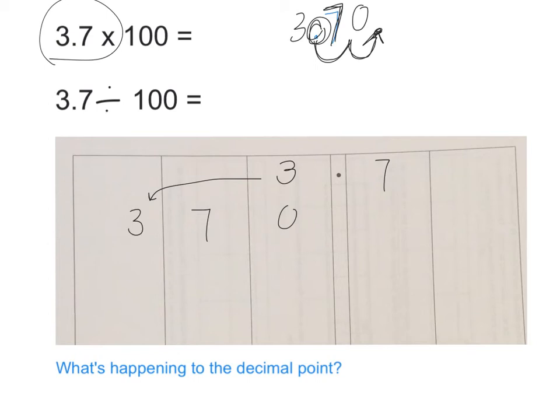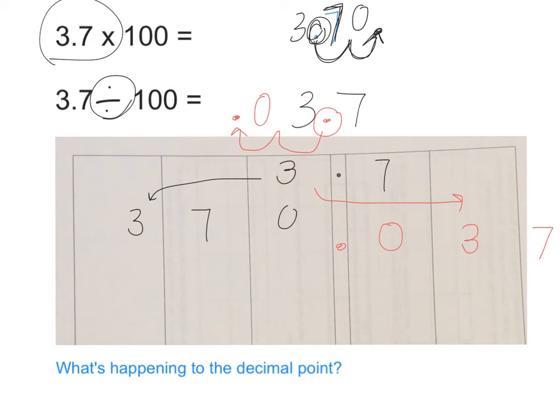Now if I have 3 and 7/10 and I want to divide it by 100 this time, I could move the digits to the right. How many spaces? 2, so that I'm left with 37 hundredths. That's the same as moving the decimal point 2 spaces to the left.